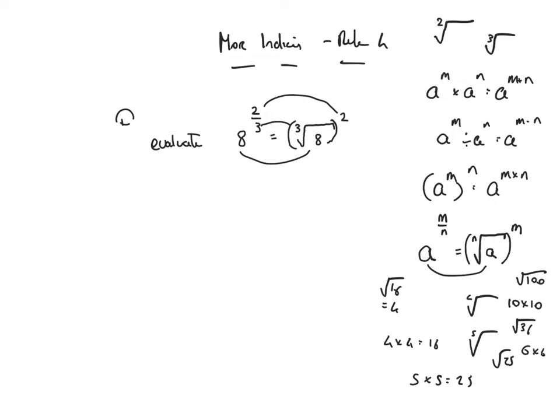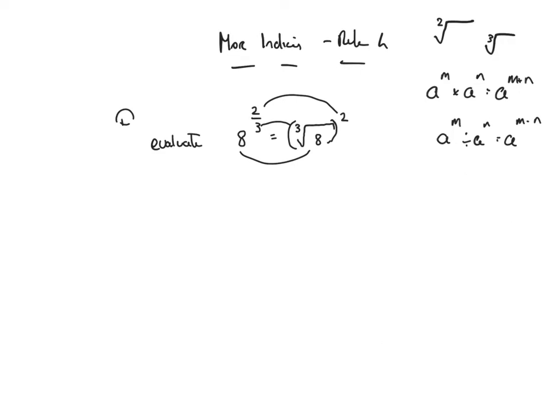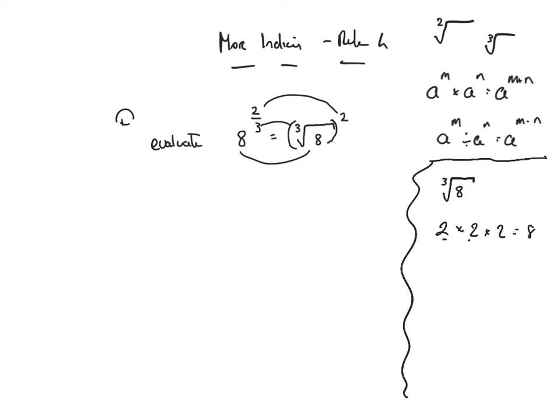Now if I was to say, what is the cube root of 8? Well, the cube root of 8 is 2, because 2 times 2 times 2 is equal to 8. So 2 times 2 is 4, times it by 2 is 8. What's the cube root of 27?